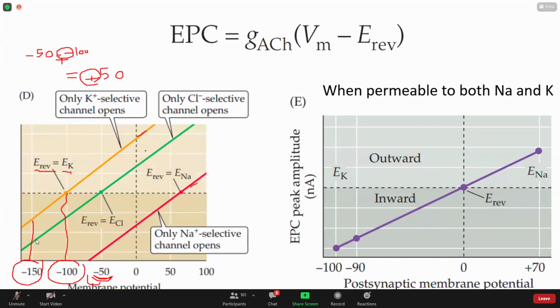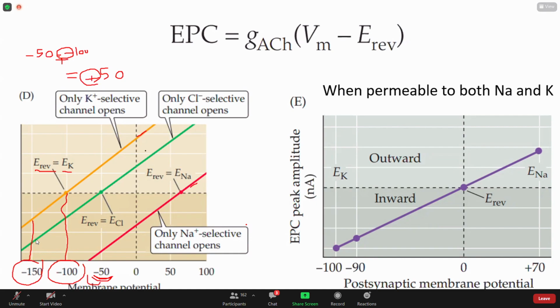Is that clear? Now, sodium is the same thing, okay? So now let's apply this to the cholinergic receptor, which we said is permeable to both sodium and potassium.